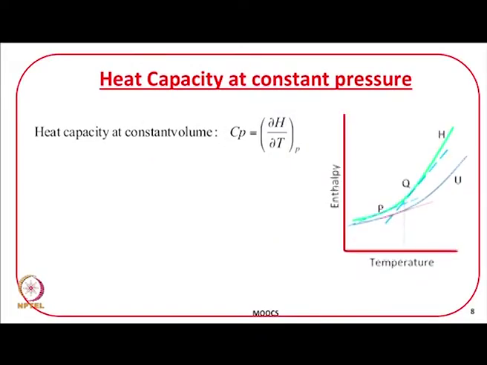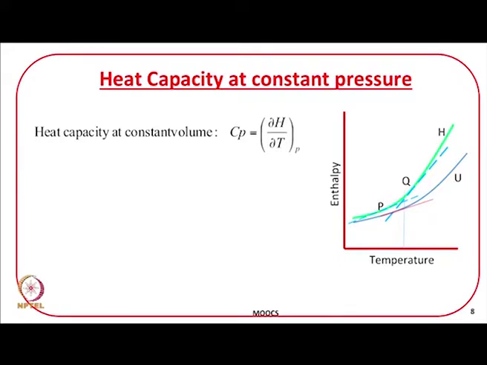Let us take a look at the slides where we define the heat capacity Cp as dou H by dou T at constant pressure. If you look at the figure, enthalpy is also temperature dependent, but generally the enthalpy varies more sharply compared to internal energy. This is because now you are holding the pressure constant. Earlier we were holding the volume constant when we were discussing Cv, the heat capacity at constant volume.